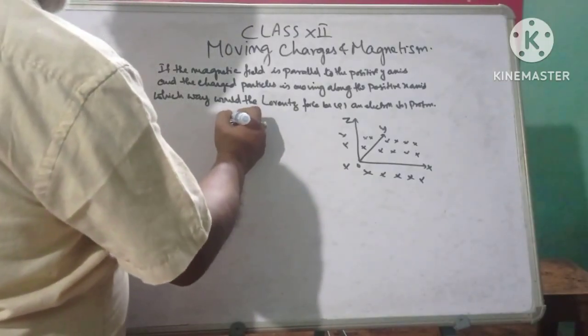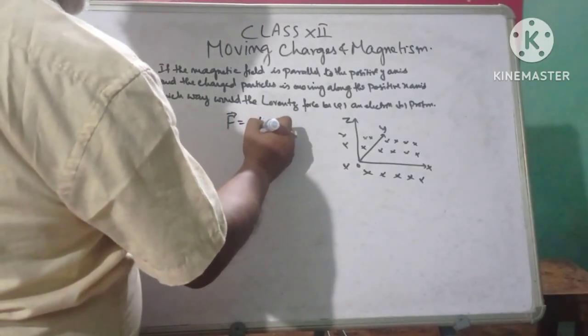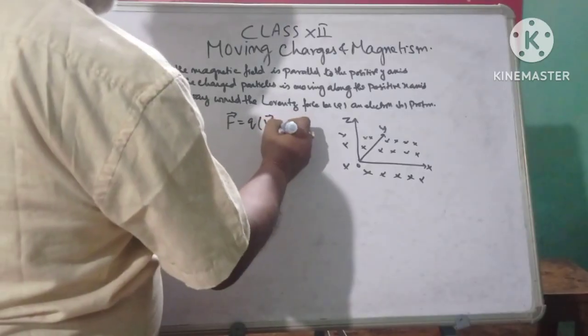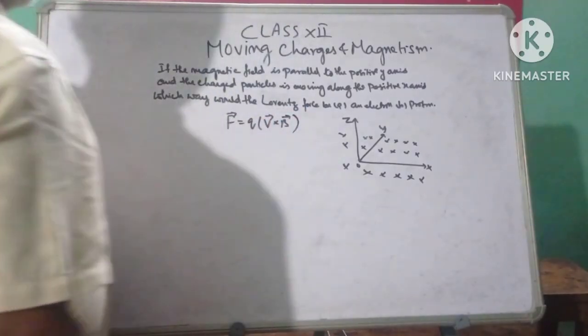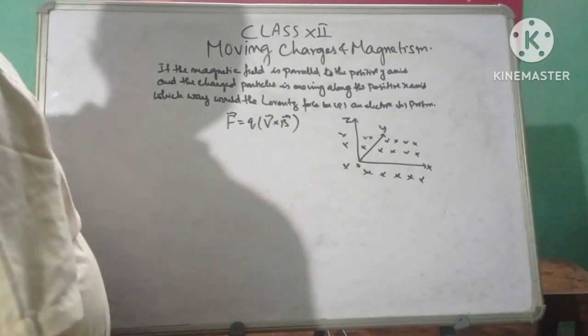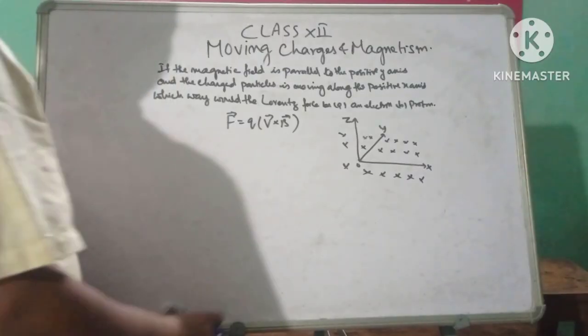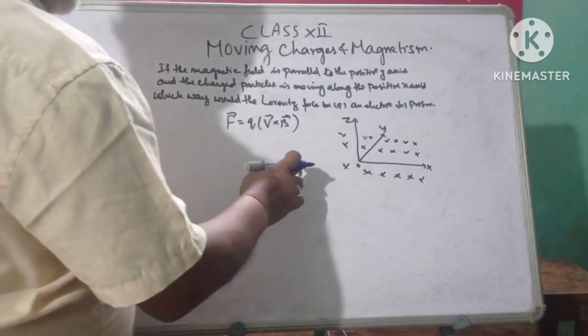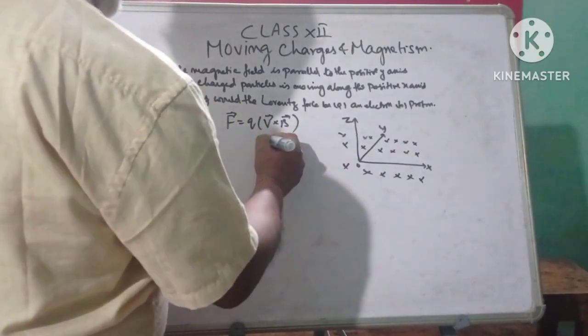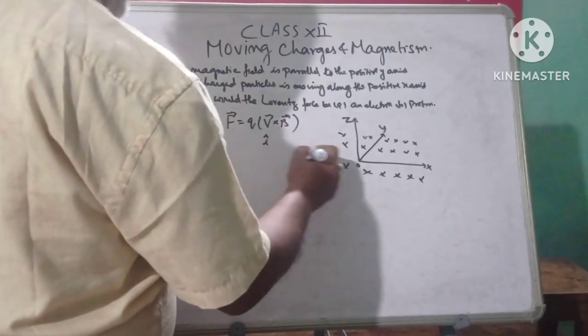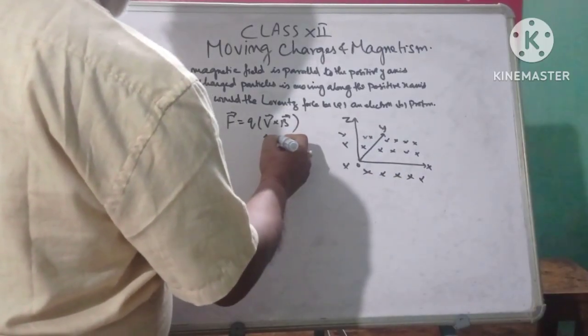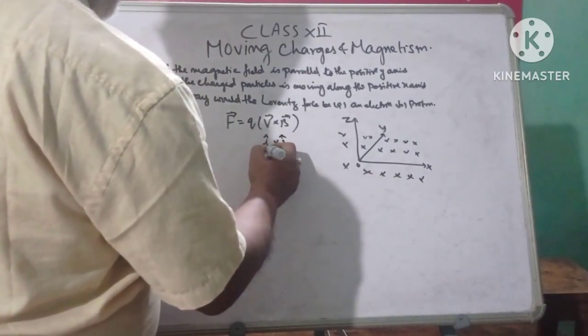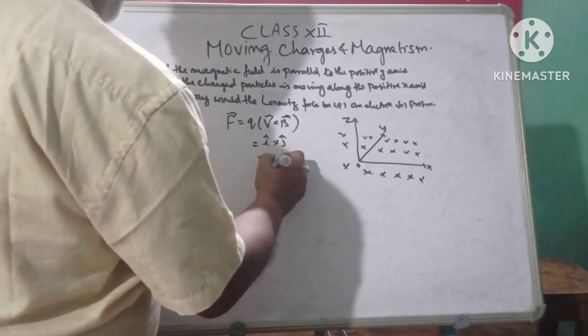The Lorentz force, you know, is Q, V cross B. For the proton, V is along the x-axis, that is i cap, and B is along the y-axis, that is j cap. So i cap cross j cap is k cap.